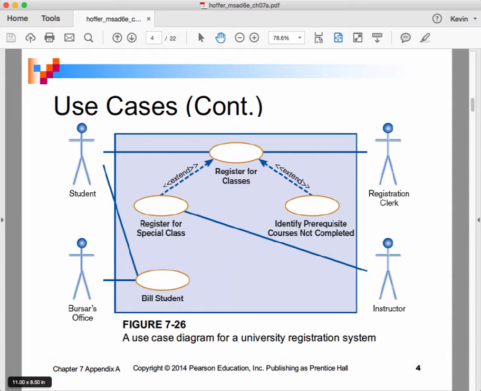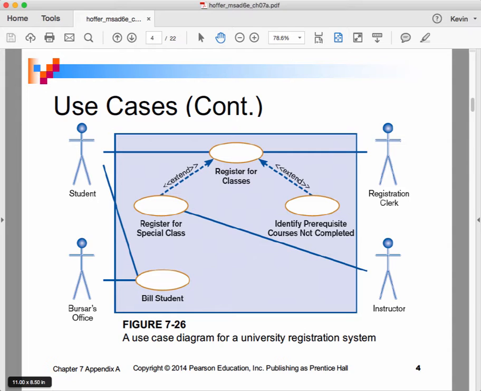That's part of the fancy stuff that I'm not going to be having you use because in my experience it doesn't add a lot of value at this point in learning about use cases. So this line is a connection between a use case and an actor. That's all that it says.